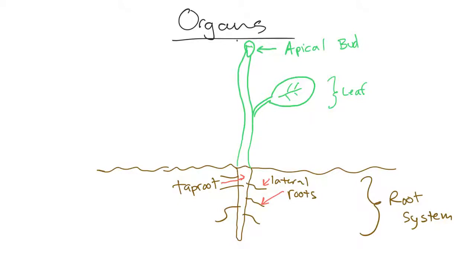Okay, and the leaf has the big flat part, which is the blade, and the little stalk, which is called the petiole.